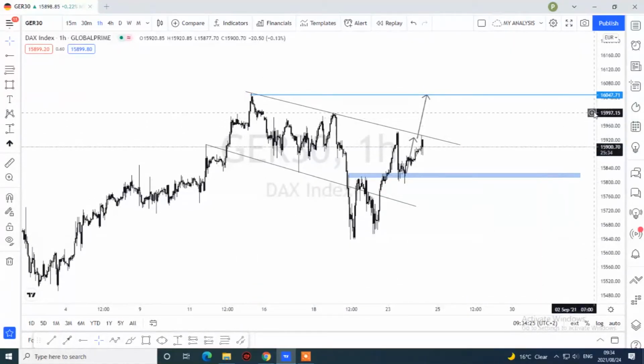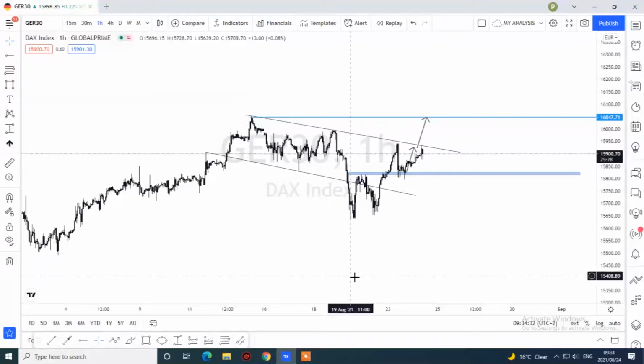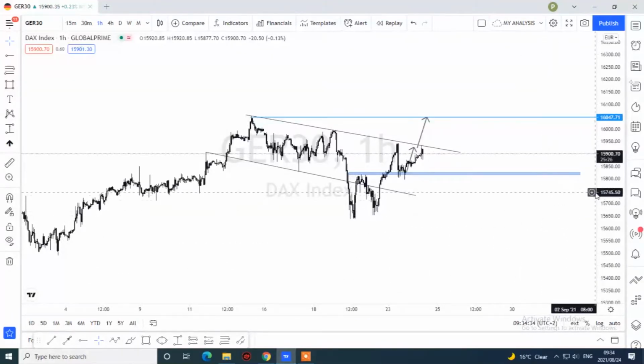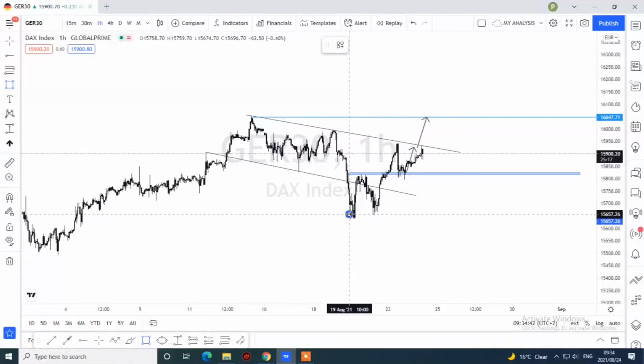But since I changed brokers, I haven't traded it. Now I just want to check how it actually moves again, because it's been a while. I think the last time I traded it was like 2 years ago. But it actually pays well. The rewards on this indices here are actually good.